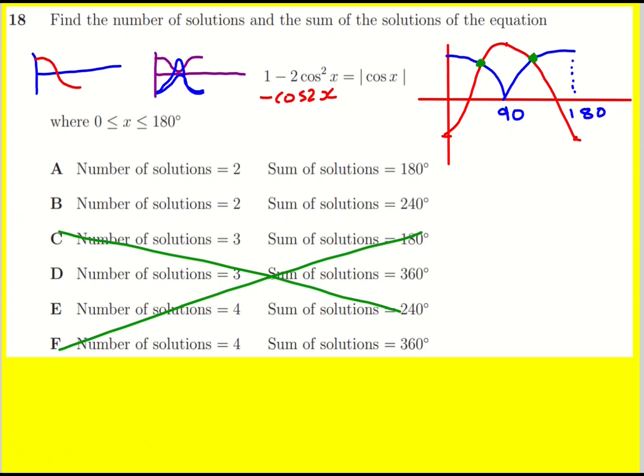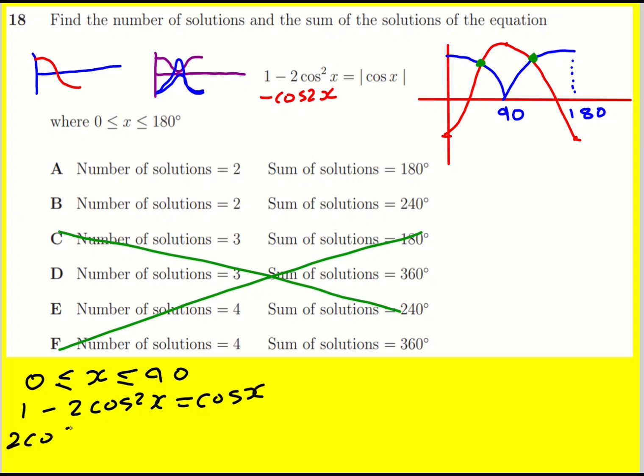So if x is between 0 and 90, the modulus is not doing anything. It's your normal positive cos, or non-negative at least. 0 less than or equal to x, less than or equal to 90. We will get 1 minus 2 cos squared x equals cos x.